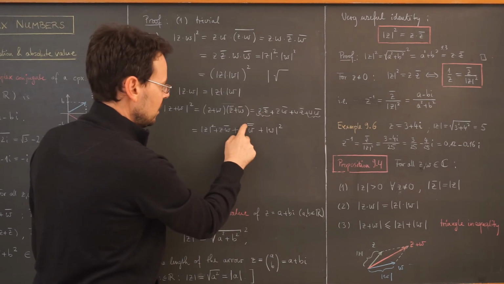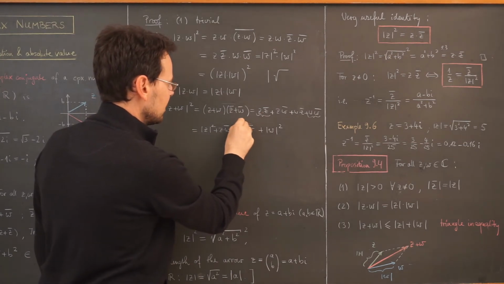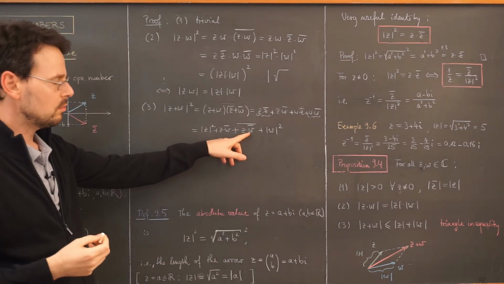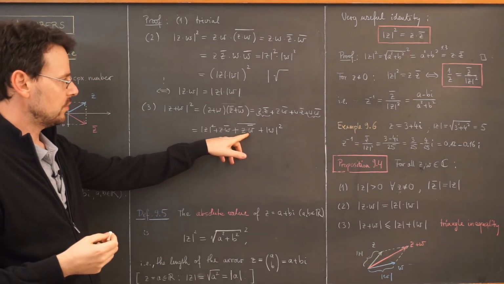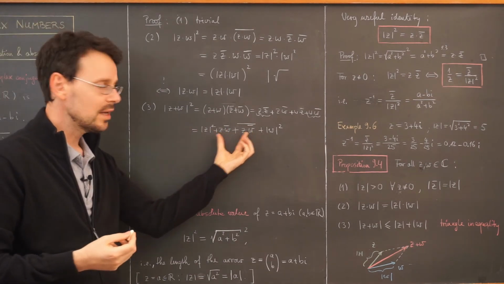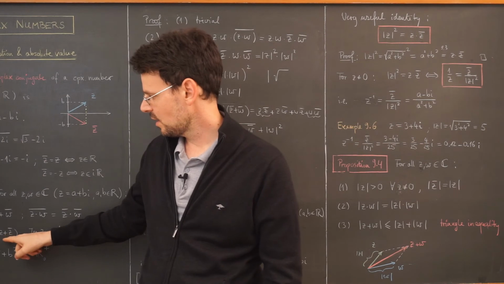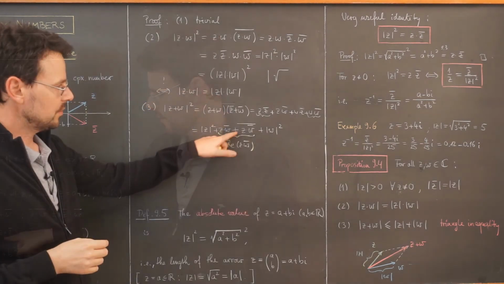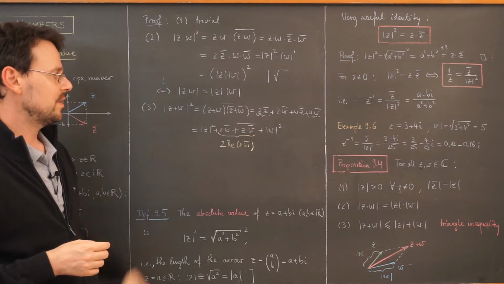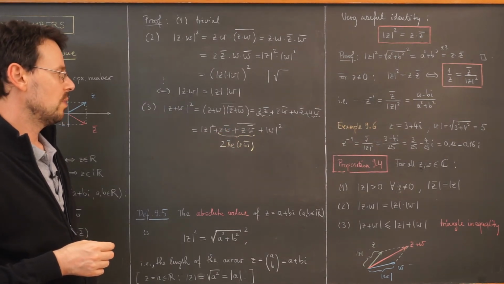But now this here is the same as this, using the hard to pronounce multiplicativity of the conjugation. And now here, I hope you can still see it, we have this. So this here is nothing but 2 times the real part of this guy, z times w bar.